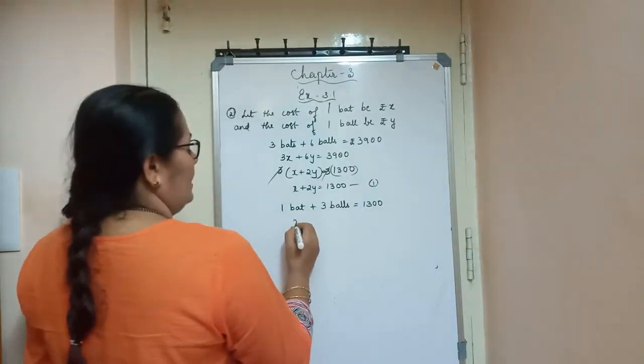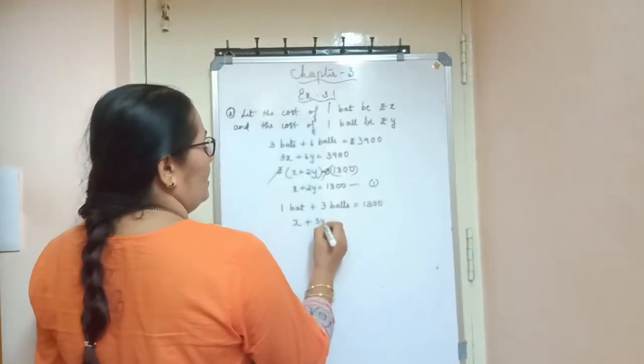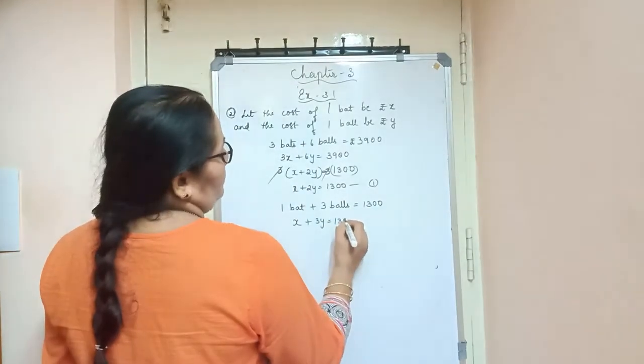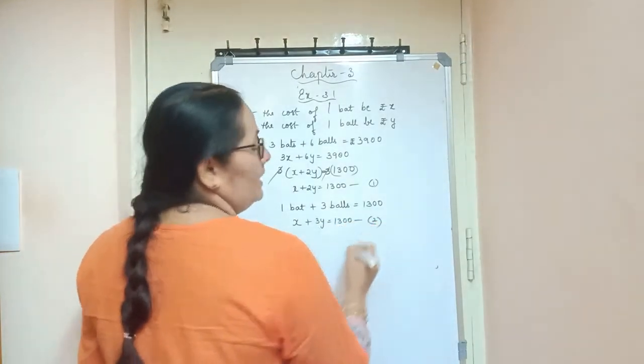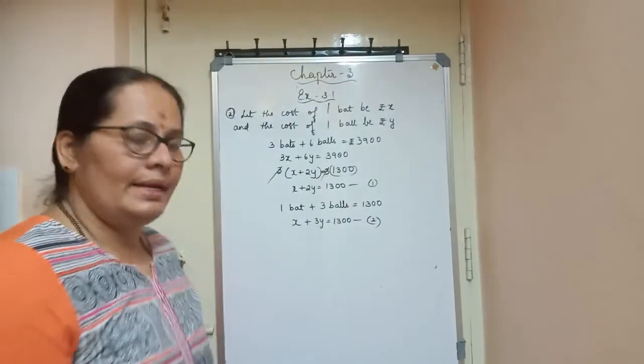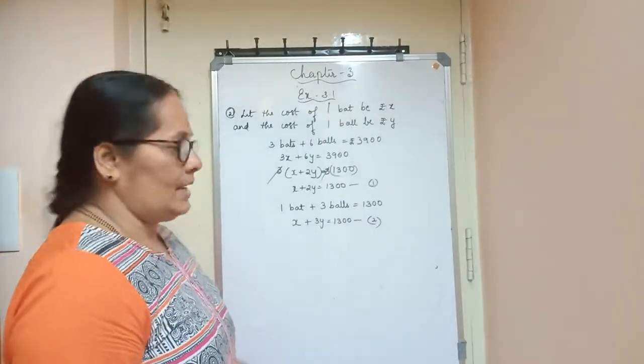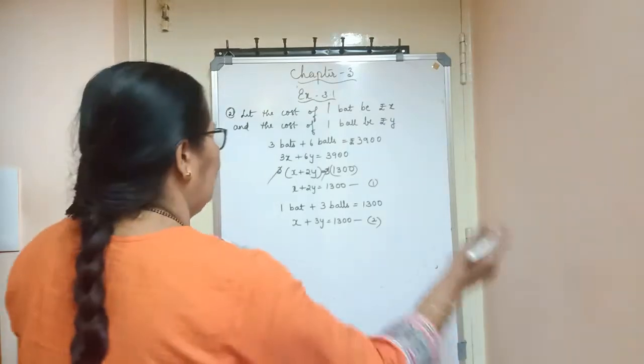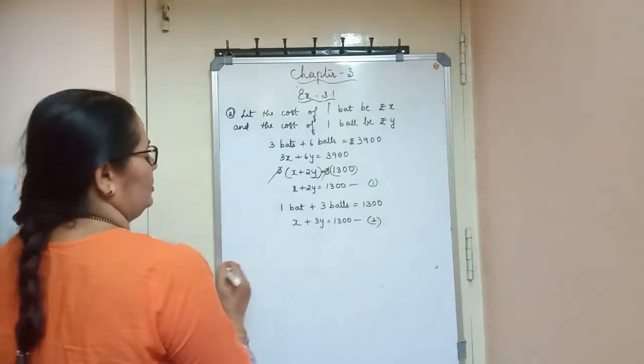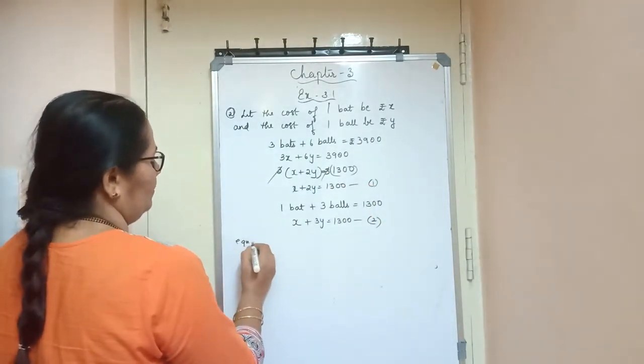That is x plus 3y equals 1,300. This is the second equation. Now you have to find the coordinates for these two equations and plot the graph.